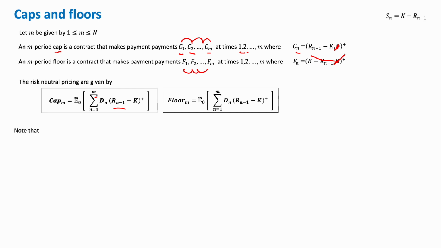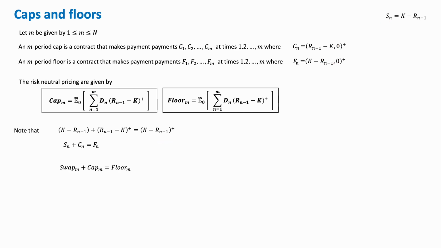We can note something interesting here. If you remember this S_n from the previous videos on swaps, this is the cash flow happening at each time on a swap. If we take the cash flow on the swap, plus the cash flows coming from a cap, we'll find that it's exactly equal to this expression here.